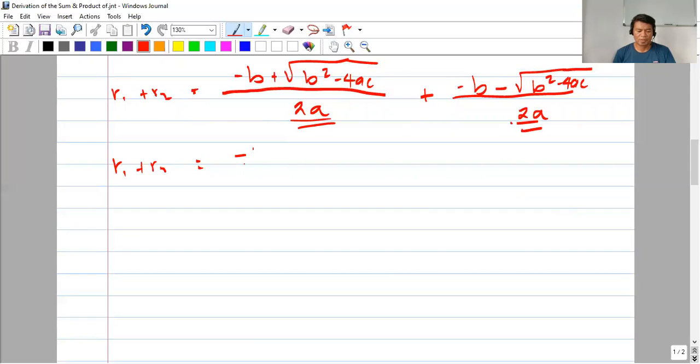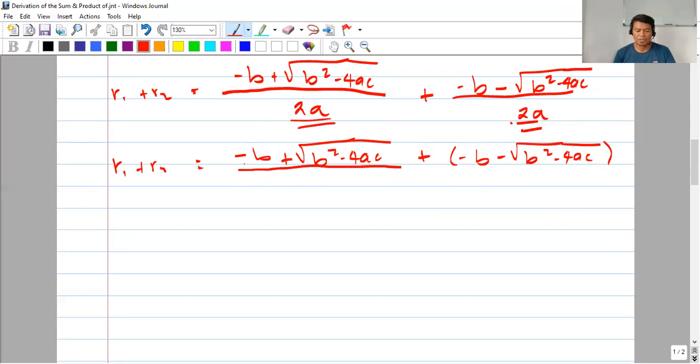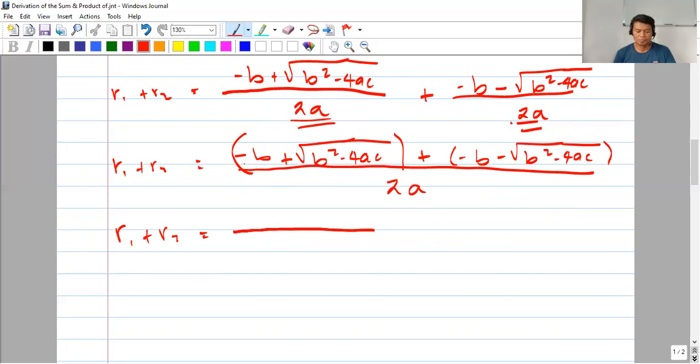So we have negative b plus the square root of b squared minus 4ac, plus negative b minus the square root of b squared minus 4ac, all over 2a. This is the numerator of the first root, and this is the numerator of the second root. Simplifying further, we have negative b plus the square root of b squared minus 4ac.